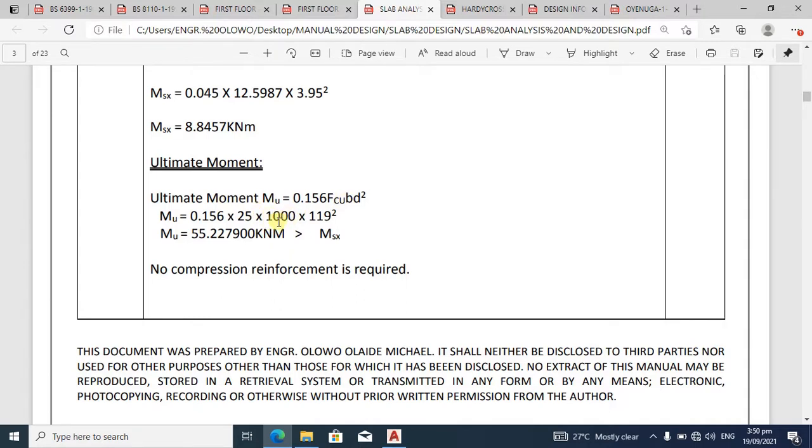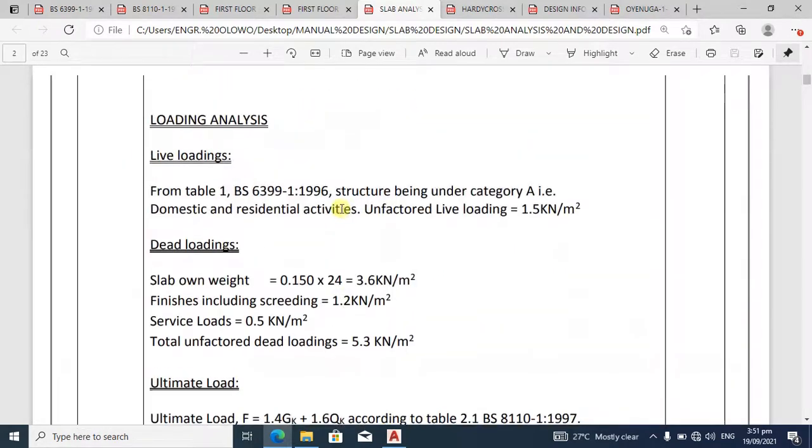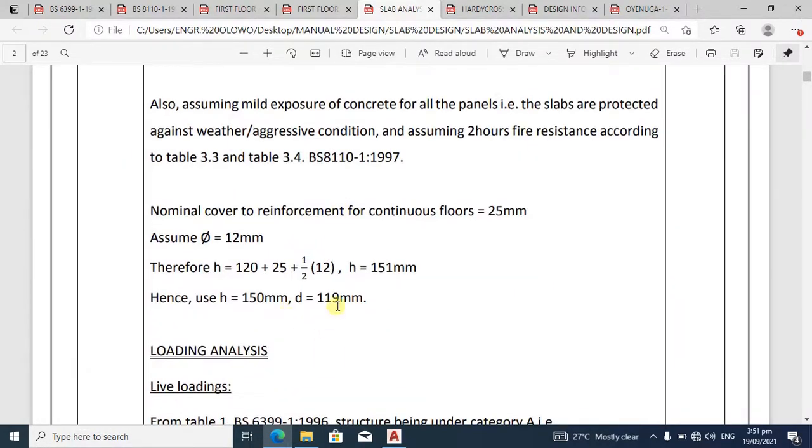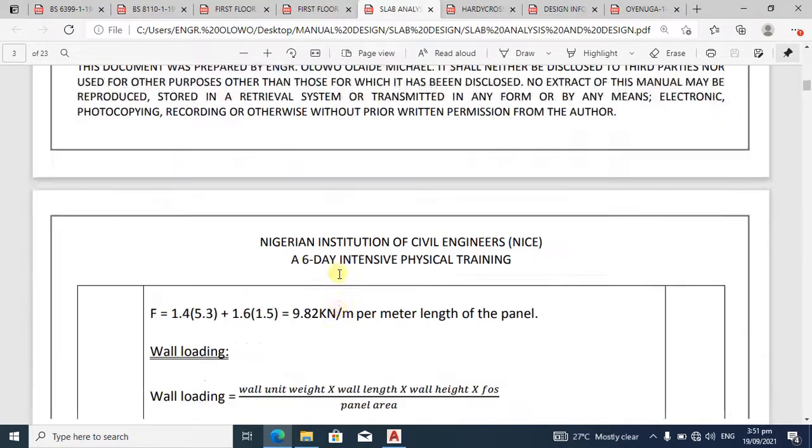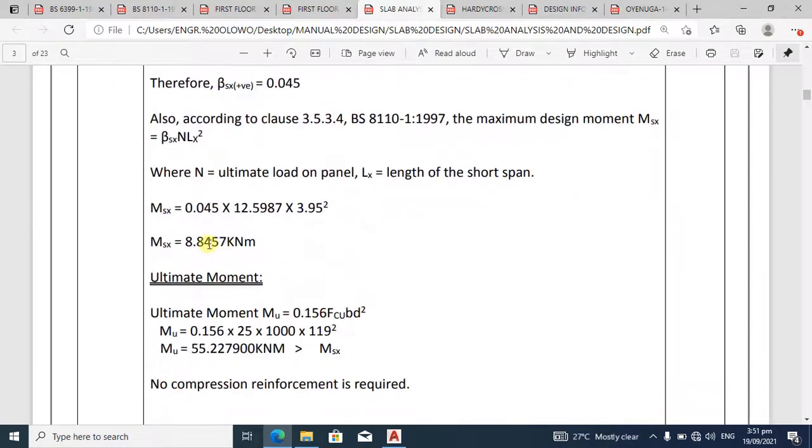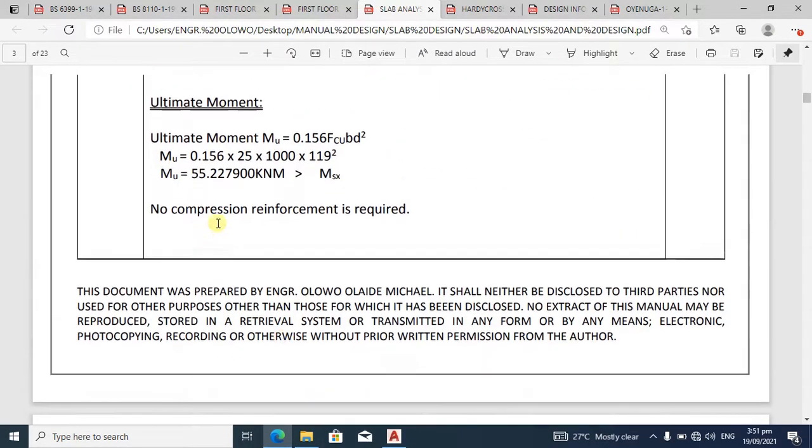Then you convert the 1 meter to millimeter, then we have 1000 millimeter. Remember, the value for our D is 119 squared. Our D is 119 from here. So now we get the value for our ultimate moment.